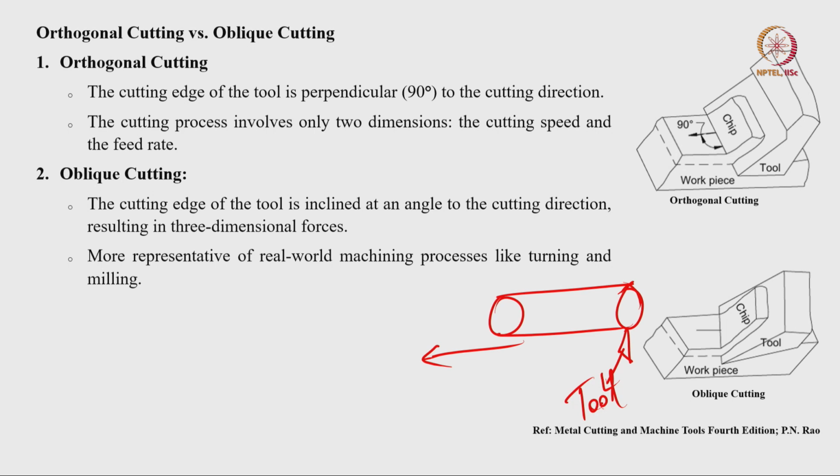Key takeaway: for simplicity we consider orthogonal cutting to hypothesize the machining processes, where we consider only 2 dimensions, cutting speed and feed rate, whereas it becomes 3 dimensional forces in oblique cutting, which is a more genuine representative of the machining process involved in turning and milling.